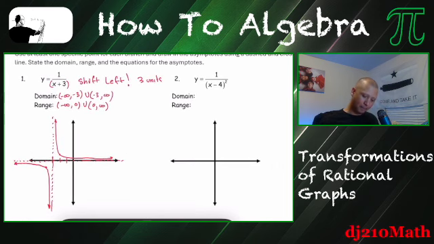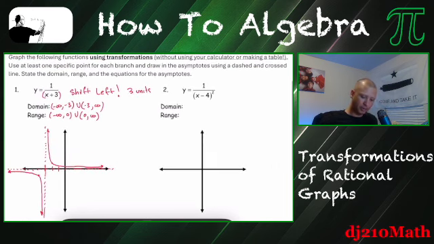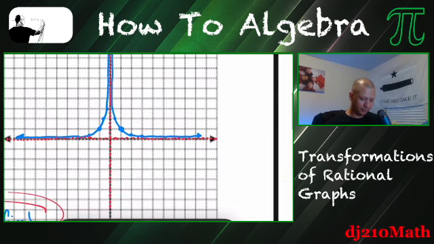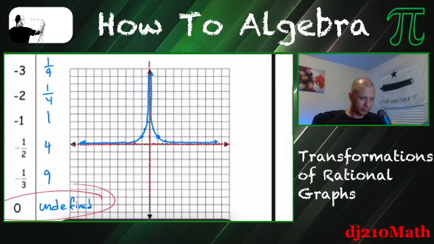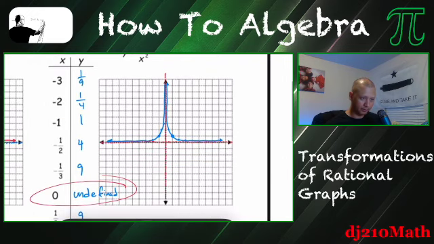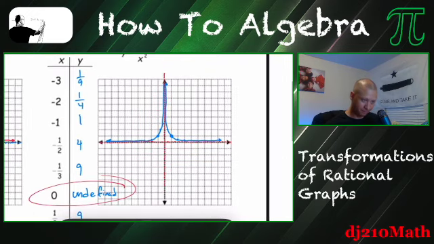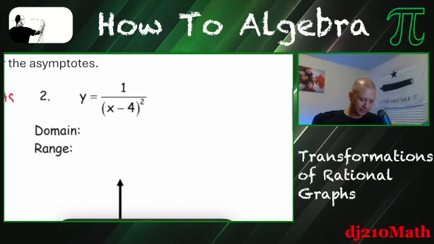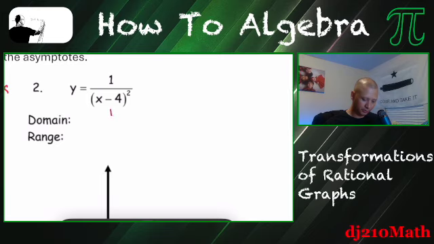Okay, number 2, 1 over x minus 4, all of that squared. Pay attention when you see the square, because the square is going to tell you how it's going to look. It's going to look like this guy, but just shifted. Which way are we shifting? Inside lies. We're shifting to the right.